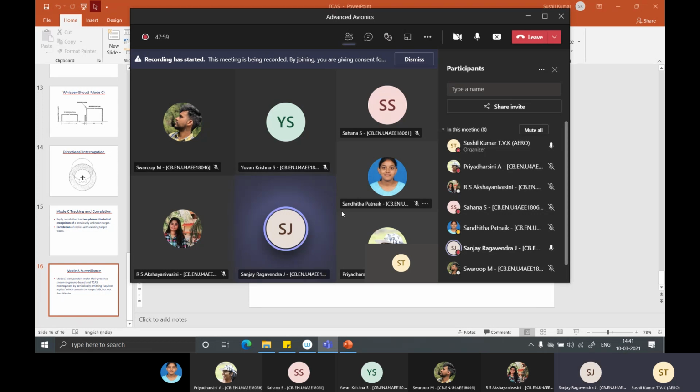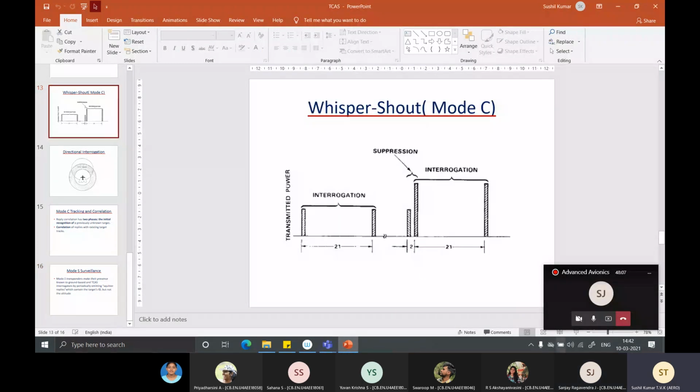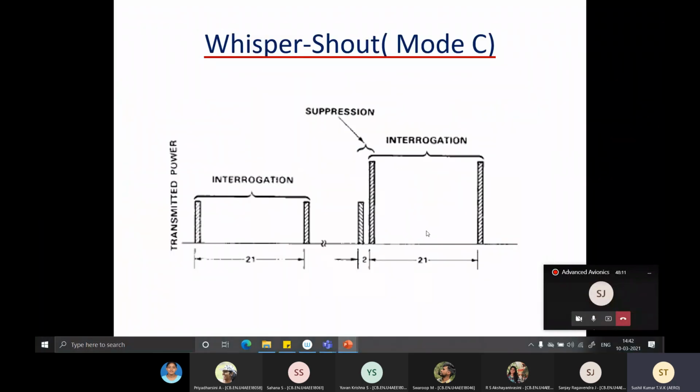Yes, sir. Can you repeat about whisper shout, sir? Whisper shout. Okay, I have 4 aircraft. X and Y, which are very close to the radar, let's say 10 kilometers.